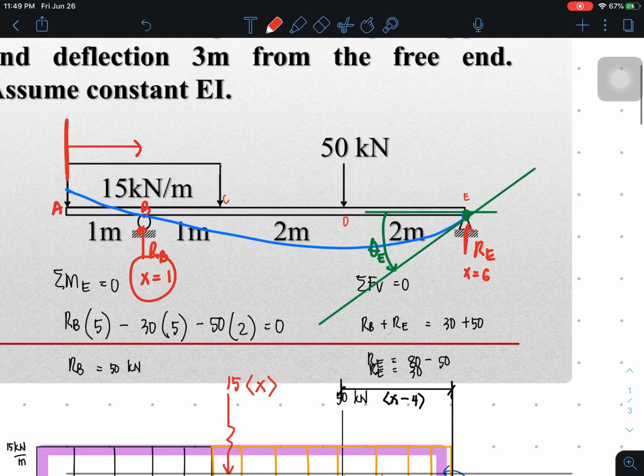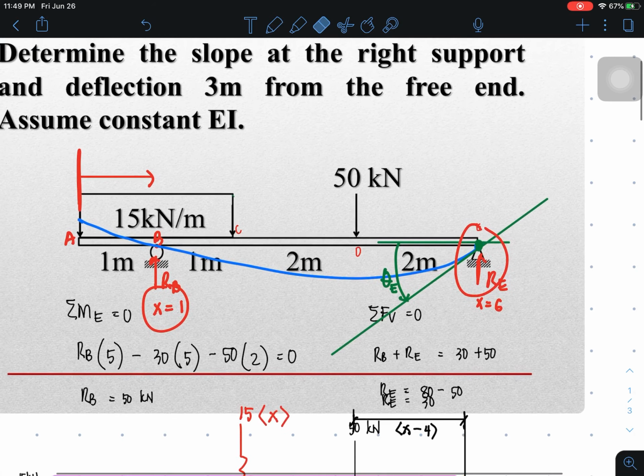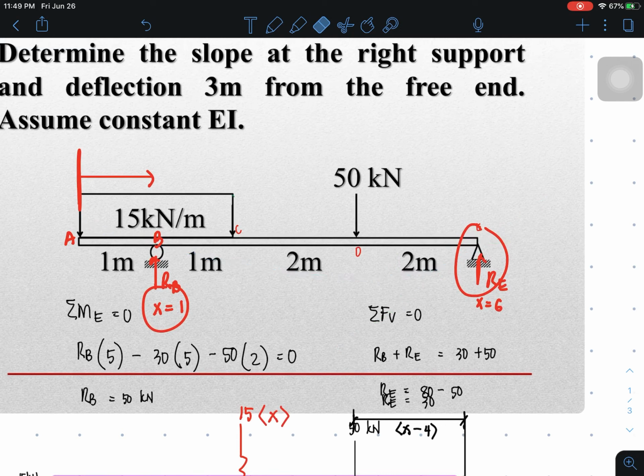This is for x equal to 1, and at this support here, that is for x equal to 6. So x equal to 6 na siya because that is measured 6 meters from the leftmost end. Yeah. So that's x equal to 6.